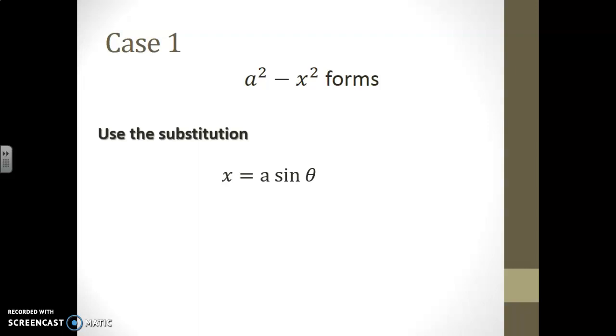If x is a sine theta, then dx will be obtained by differentiating the right-hand side of x, so a cos theta d theta. Here we have to assume that theta remains between minus pi over 2 and pi over 2 for domain purposes when we return to the original variable x.